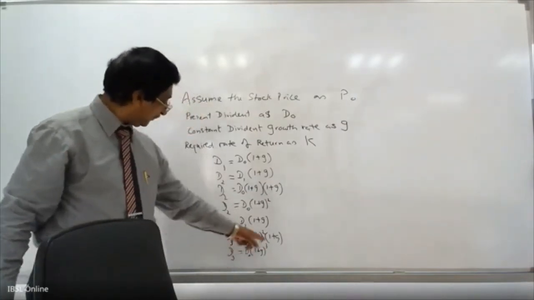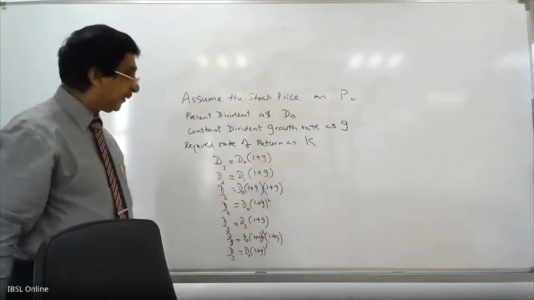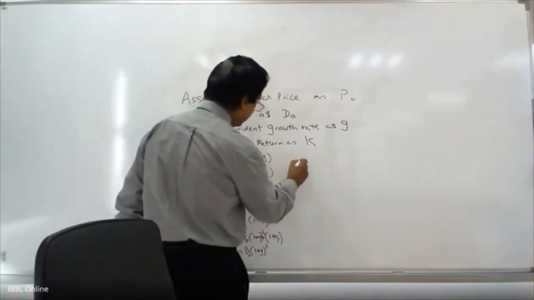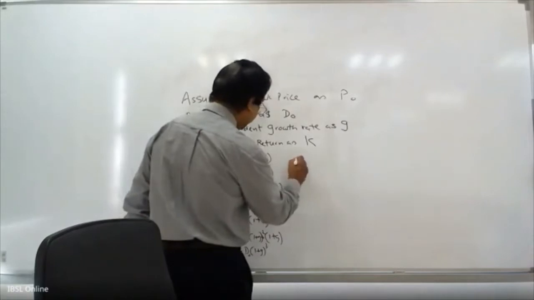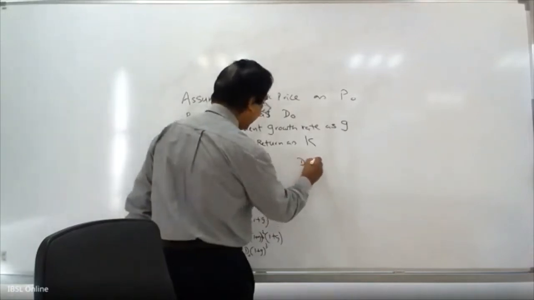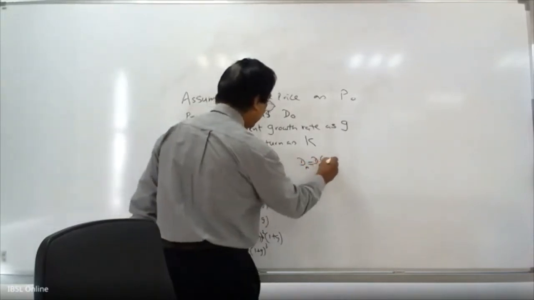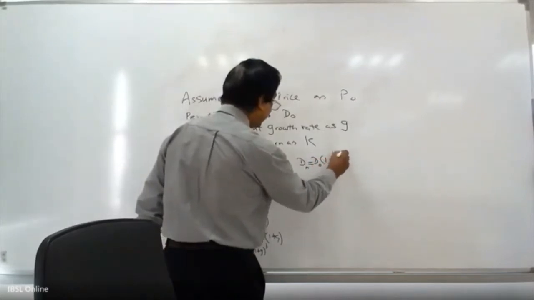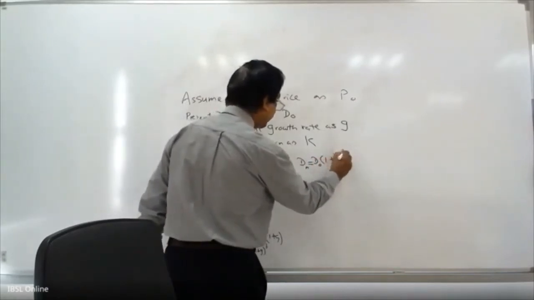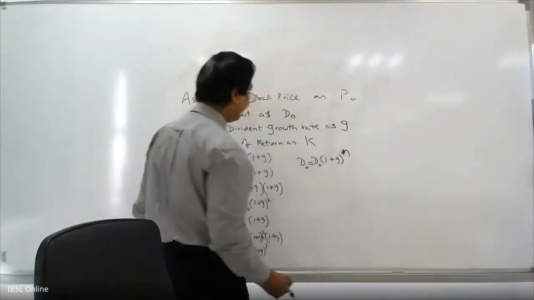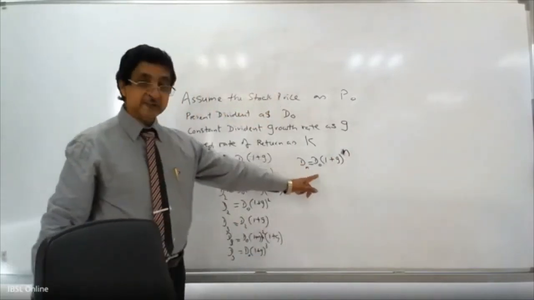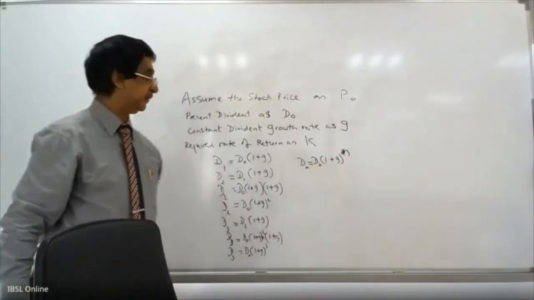Now you see the pattern. With that pattern, we can establish this: Dn is equal to D0 into 1 plus G to the power n.